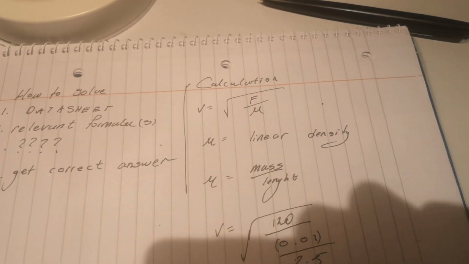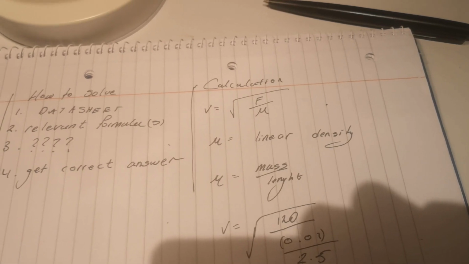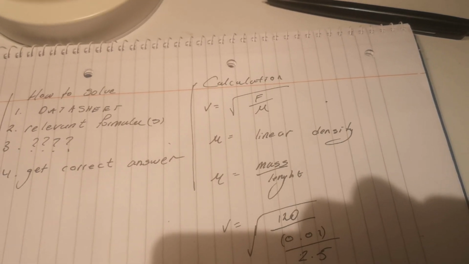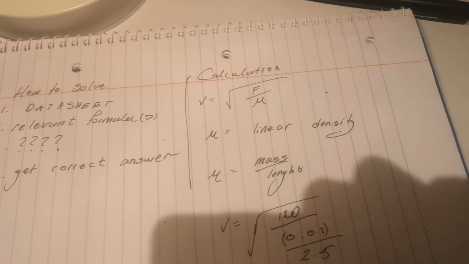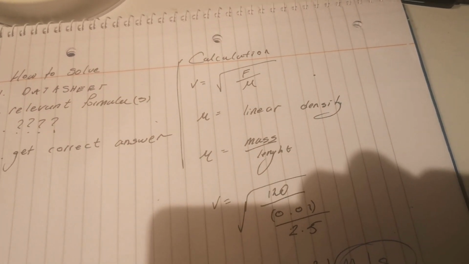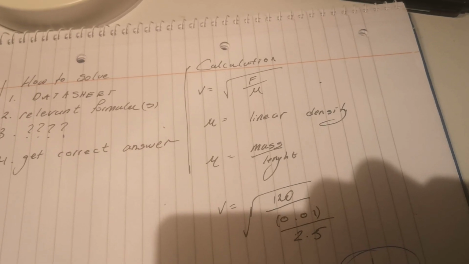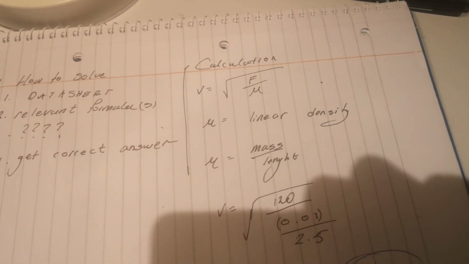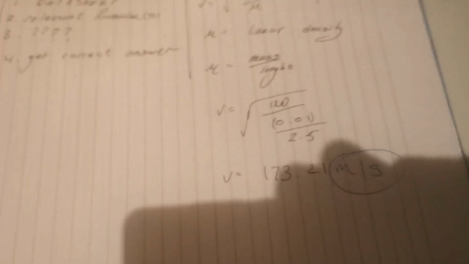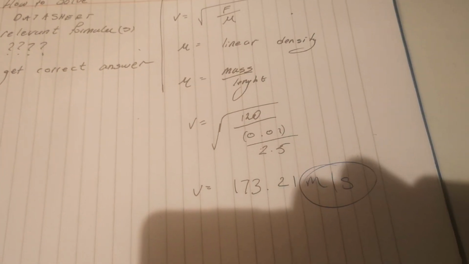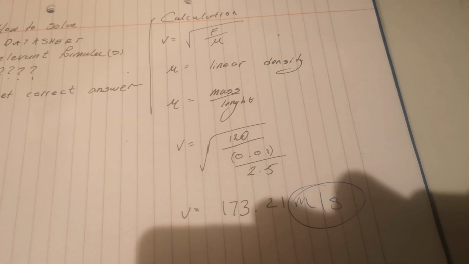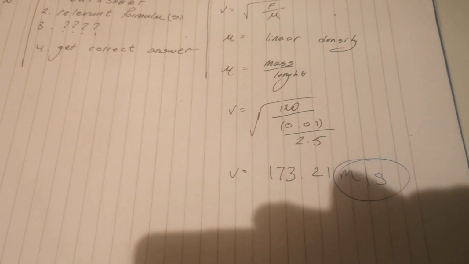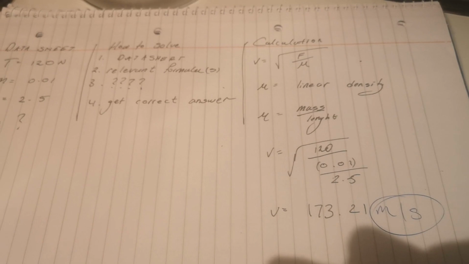So for the calculations, I found a formula: velocity equals square root of force over mu. Mu is the linear density, and the linear density is just how much mass there is per unit length. And then I just plug it into the formula, I get my answer, and I always remember my meters per second because you'll lose marks if you don't do that in an exam. And that's it.